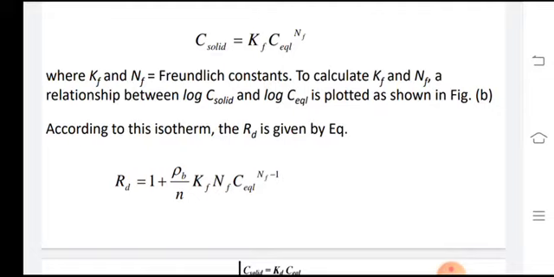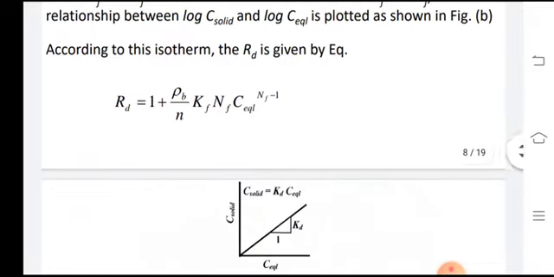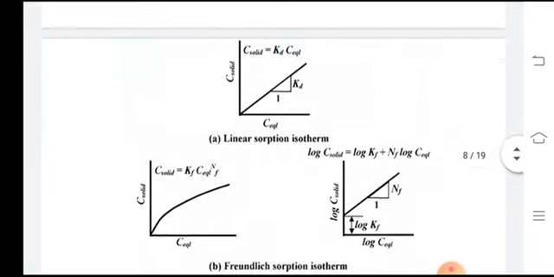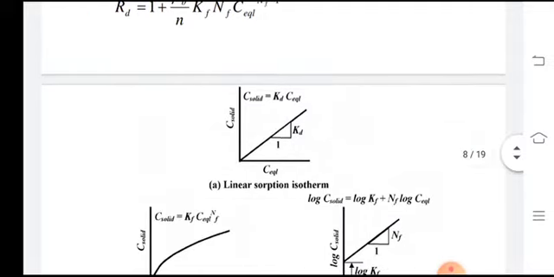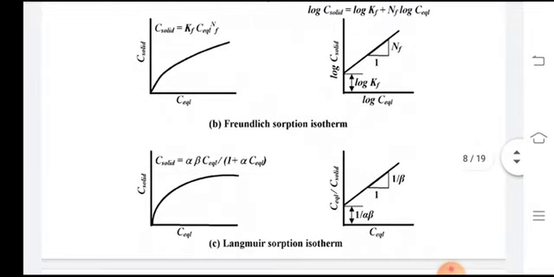So those parameters which were not involved in our linear relationship are now involved in the Freundlich relationship; rho b is included, n is included, and so these are developing a much better explanation of our relationship between the aqueous and solid phase. So these are the relationship graphs here.